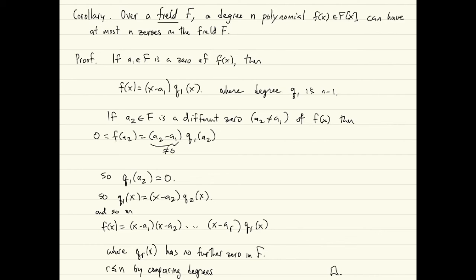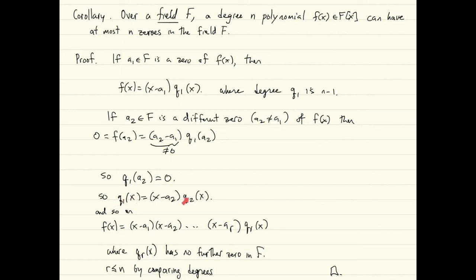Okay, and so on. So we keep factoring f of x as, well, initially we started with x minus a1 times q1 of x, but then we can factor further q1 of x as x minus a2 times q2 of x.